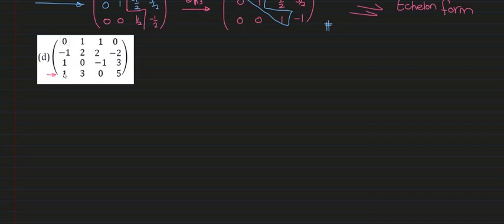So let's take this row. This row is number what? 1, 2, 3, 4. This is row 4. Right? So we will take row 4 and replace it with row 1. So we are exchanging row 1 and row 4.